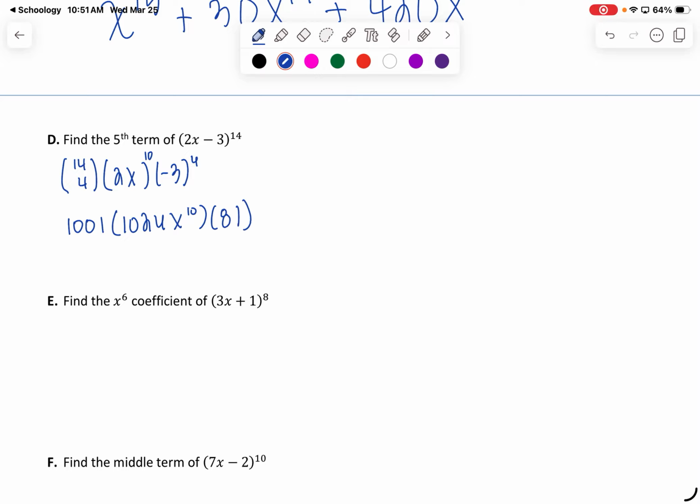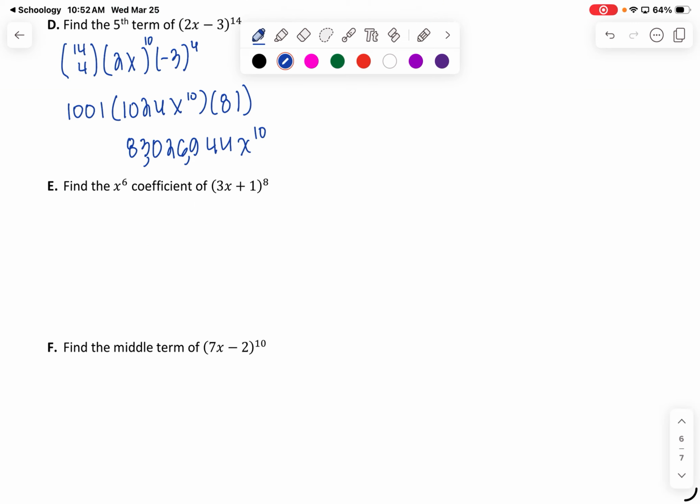So I'm going to do times 1001 times 81, and I get this monstrosity of a number, 83,026,944. 83 million, right? x to the 10th.